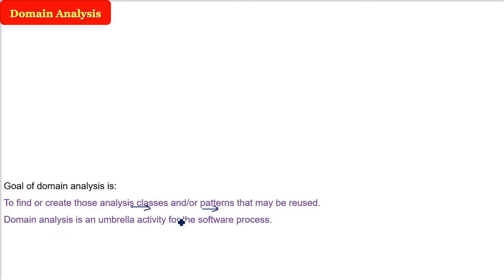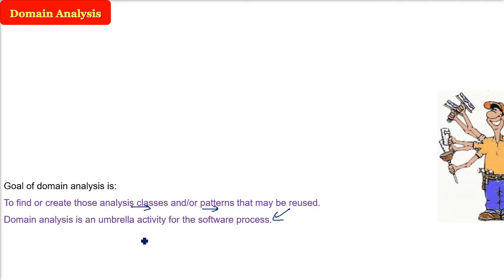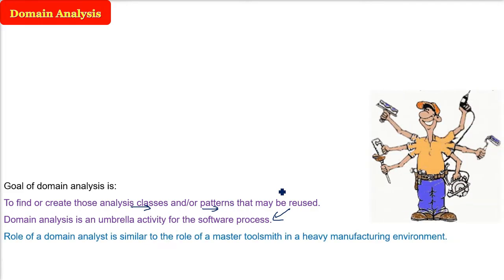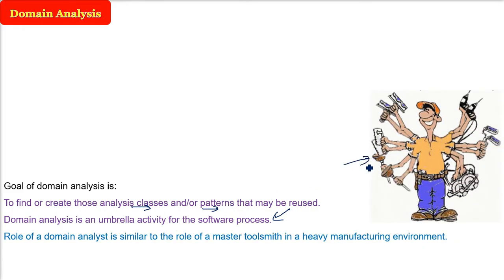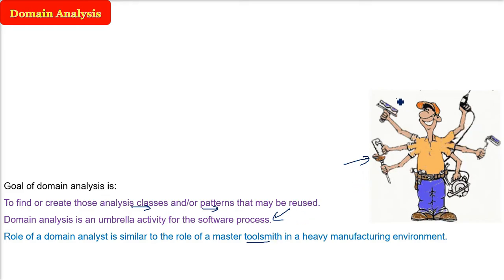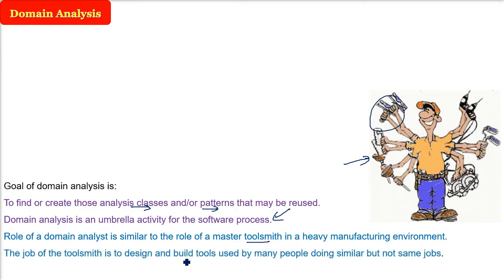This domain analysis does not pertain only to requirement modeling. It is an umbrella activity for the whole software development life cycle. This activity will be carried out throughout. For example, you can consider the domain analyst to be equal to a master toolsmith. If there is a very heavy manufacturing environment, say car making, then there will be a toolsmith.